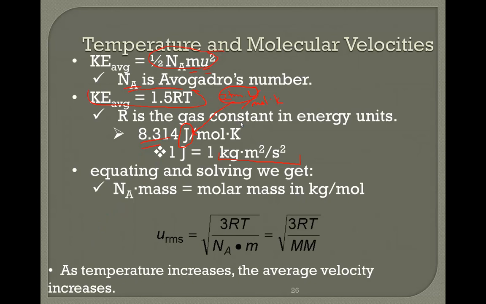Equating and solving, we get this equation here. Avogadro's number times the mass is equal to the molar mass in kilograms per mole. So the velocity is the square root of 3 times R, 8.31, times the temperature in kelvins, over the molar mass. It's staying in kelvins. As temperature increases, the average velocity increases.